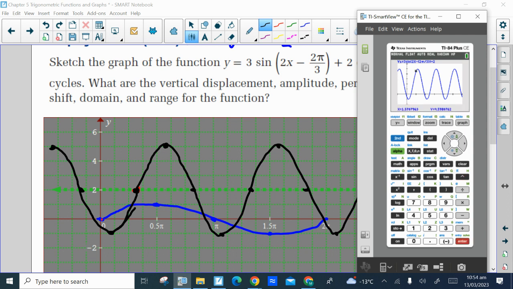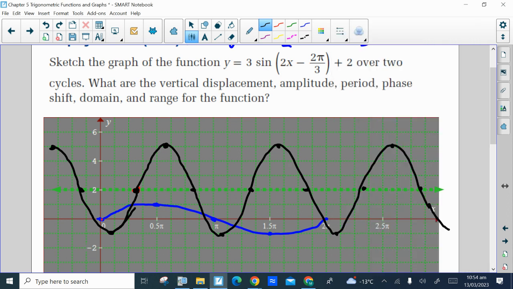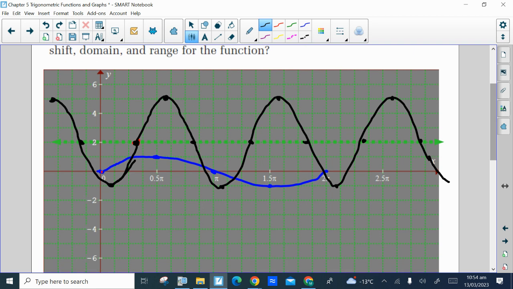Okay, so you can certainly check some points. You're not going to be 100% sure of your accuracy, but you can be fairly certain that you've graphed it correctly. So we've talked about all of those attributes except for our domain and range.